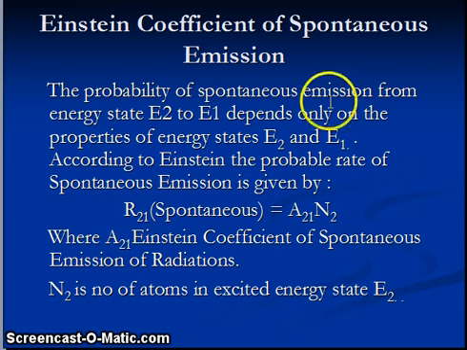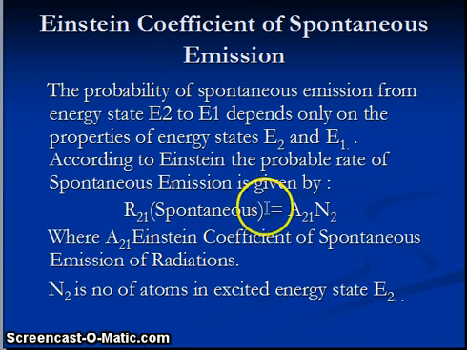The probability of spontaneous emission from energy state E2 to energy state E1 depends only on the properties of the energy states E2 and E1. Why do we take 21? Because the transition is from E2 to E1. That is why we take R21.